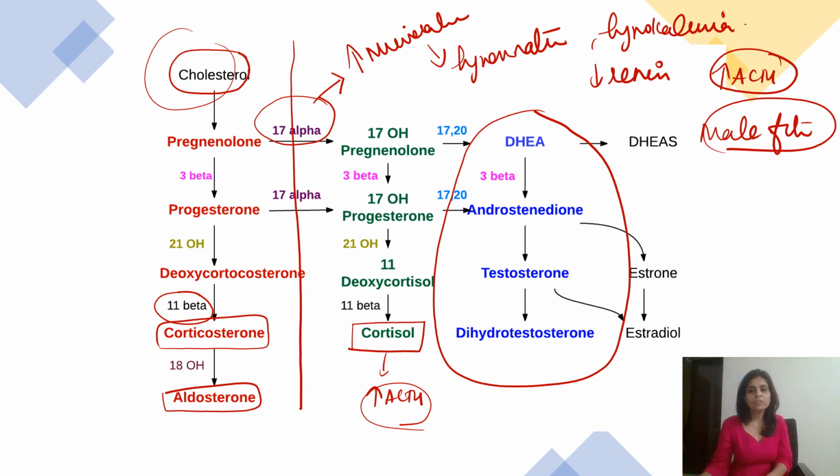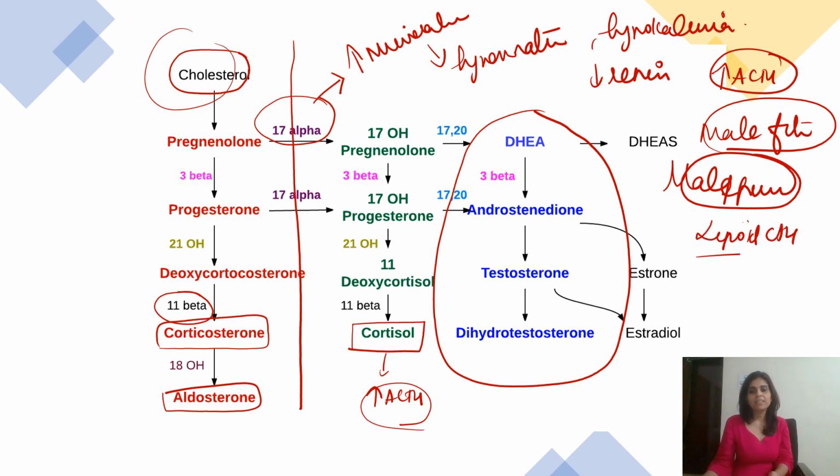So this will also cause male pseudohermaphroditism. So what are the two congenital adrenal hyperplasias which present as male pseudohermaphroditism? One is the lipoid CAH, which is caused by a defect of star protein. That is one cause. And the second cause is what we are discussing now, 17-alpha hydroxylase defect.